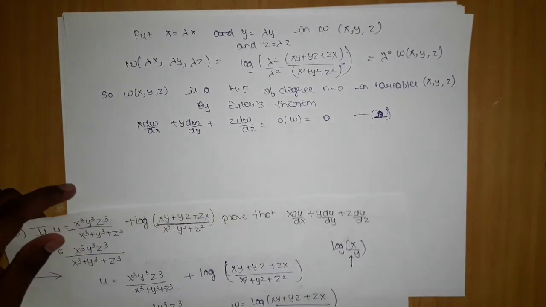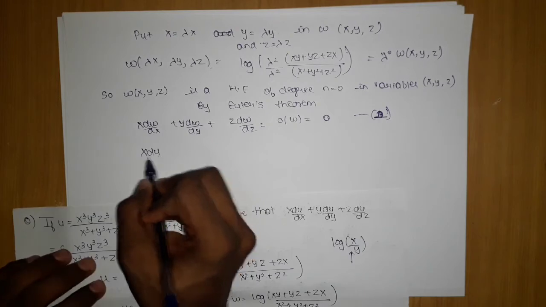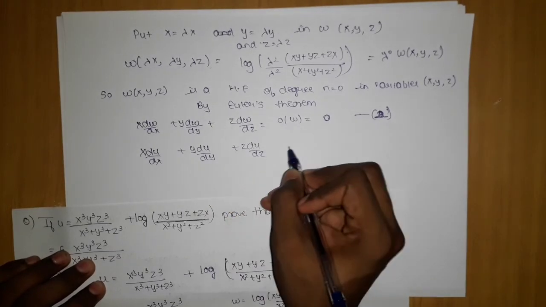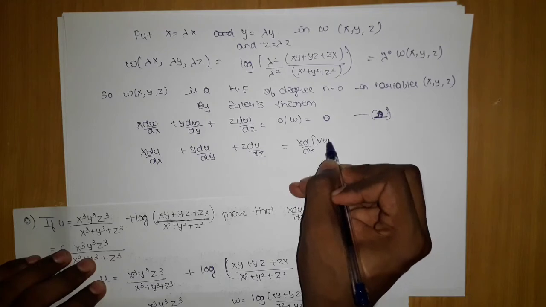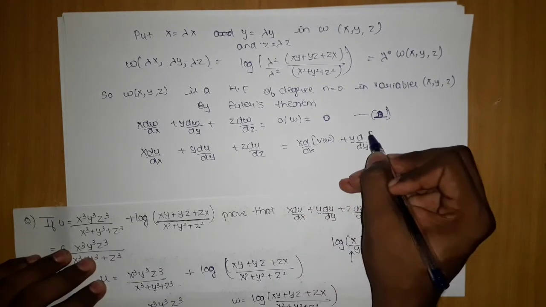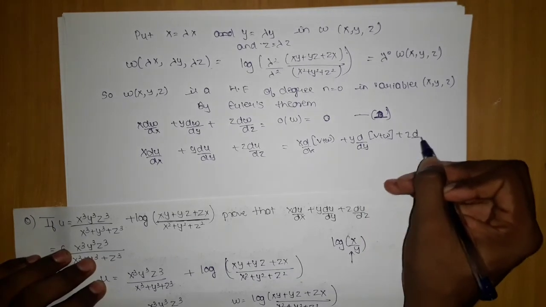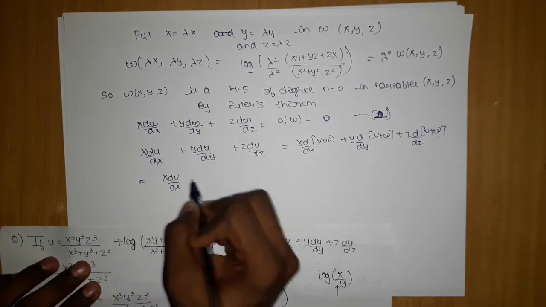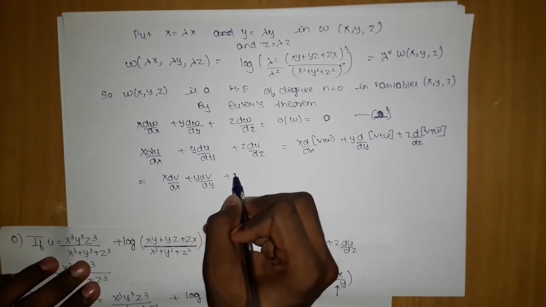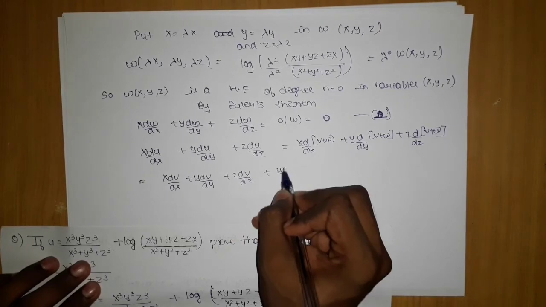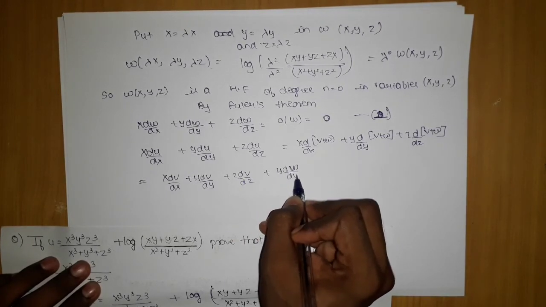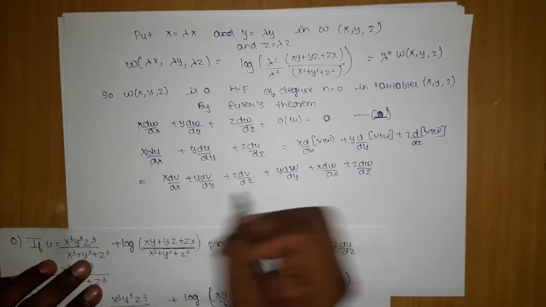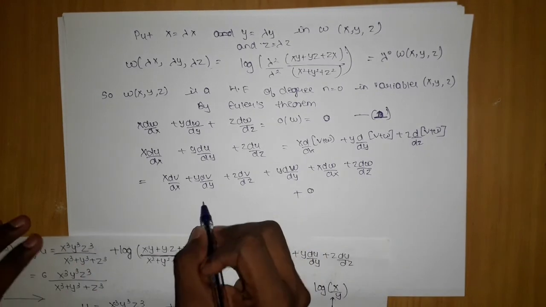Now if you consider the proof, if you substitute the value, this value is 0 and this value is 6 times v.